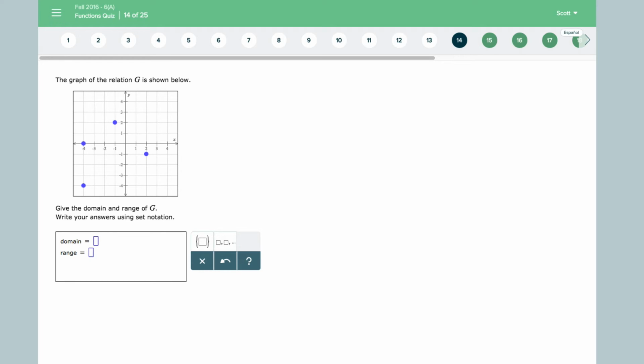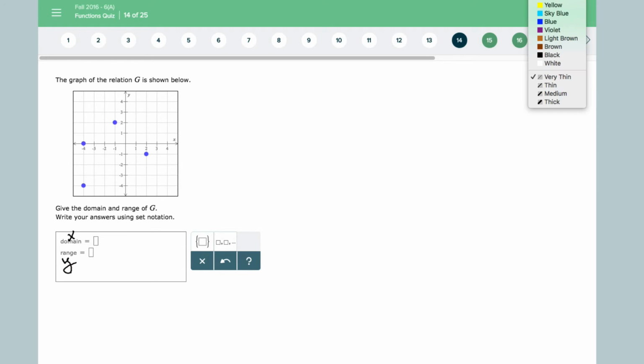Number 14, same thing. Okay, to start, we're going to look at the domain, which is our x, and range, which is our y. So our domain is x, so we don't care about the y. We're not going to look at the y. The y's don't exist. So there we are. The y's are all gone. There is no y. So what do we go to?